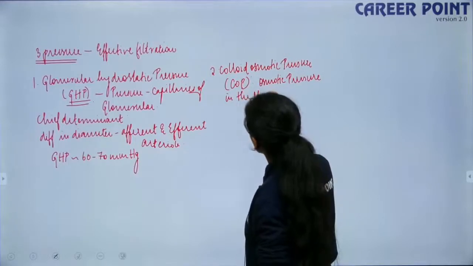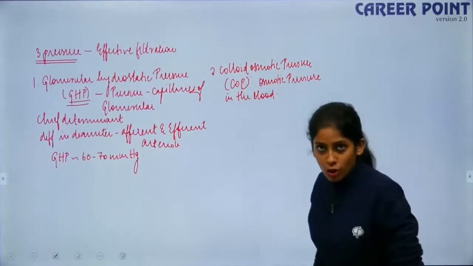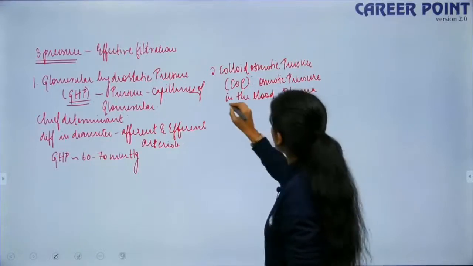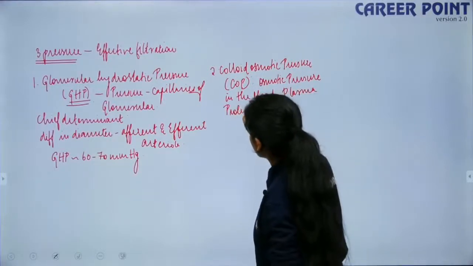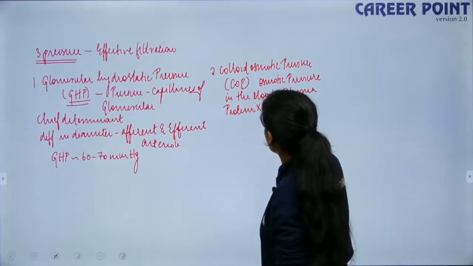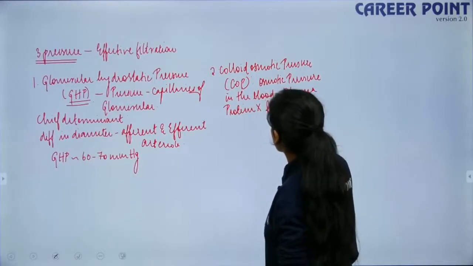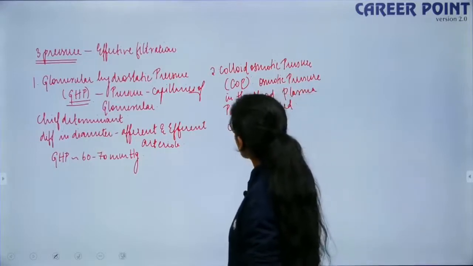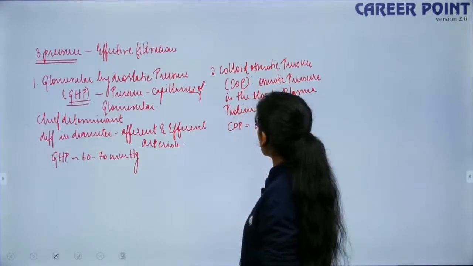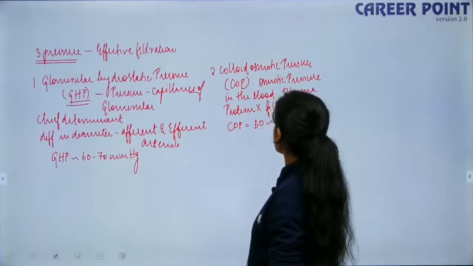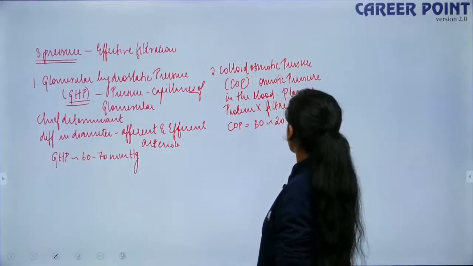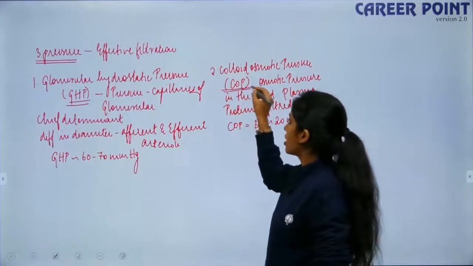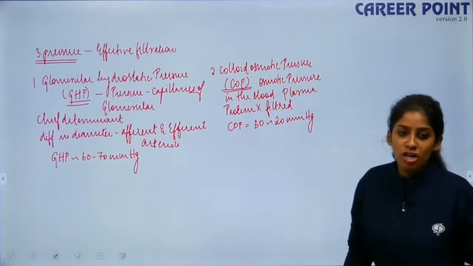Because of this osmotic pressure only, the plasma protein is not filtered. Here the value of COP is almost 20 to 30 mmHg. So this is the second type of pressure, colloidal osmotic pressure.